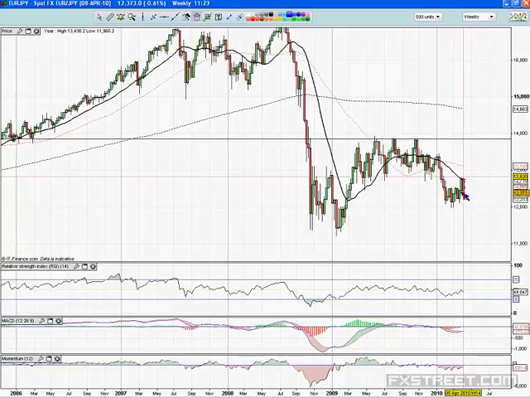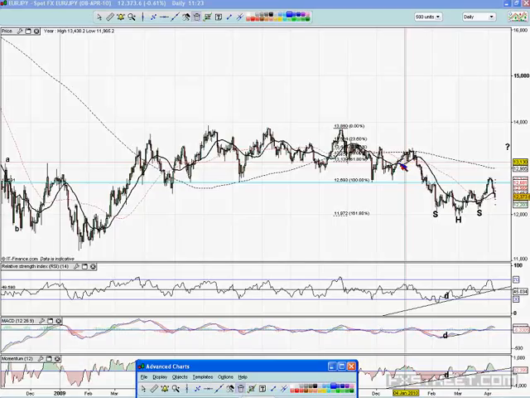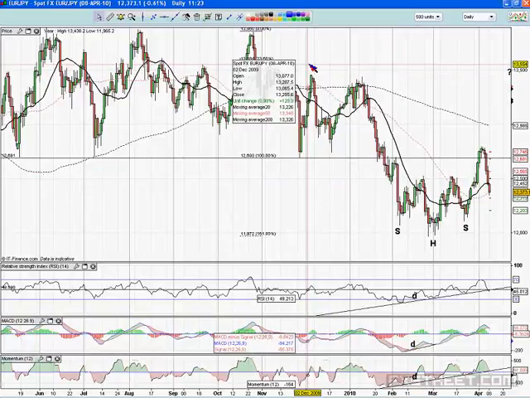We've also got an engulfing red at the moment. Just break down to the dailies. This threw us a bit of a spanner in the works on the Elliott wave theory.